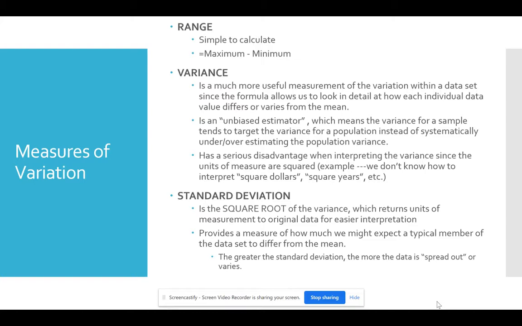The higher the standard deviation, the more spread out or the more varied your data is. And so, again, you have to look at that relative to each individual data set. And by the way, the standard deviation is never a negative value, because when you take the square root of a number, you never get a negative number.